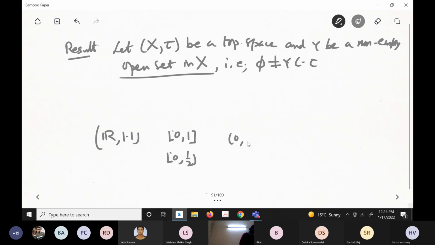If you take this, then it will come, that is also open in R. So here the result is Y belongs to tau itself.